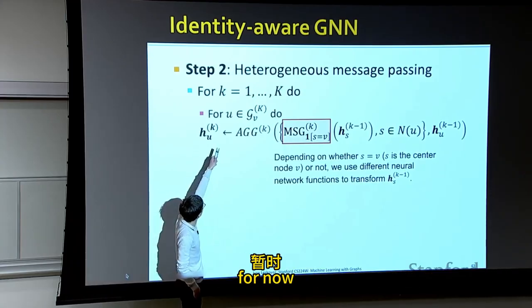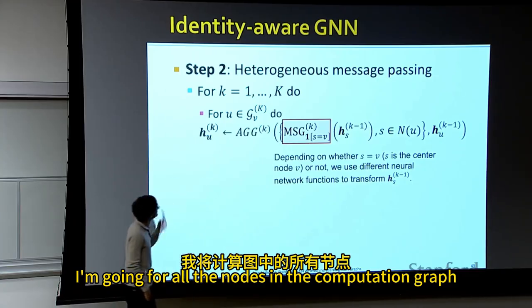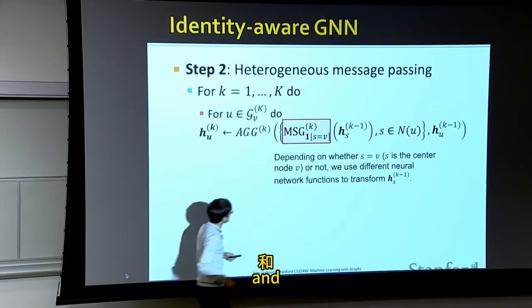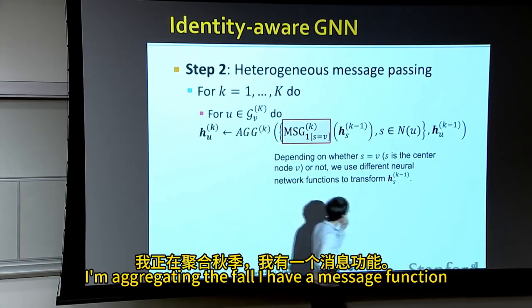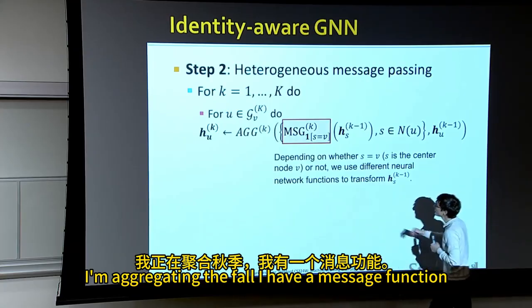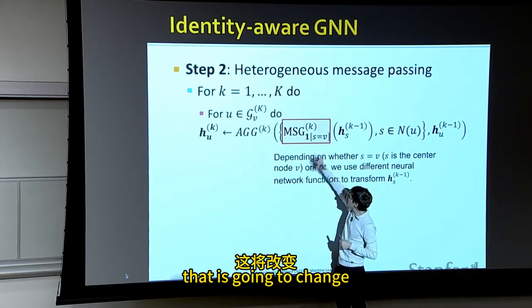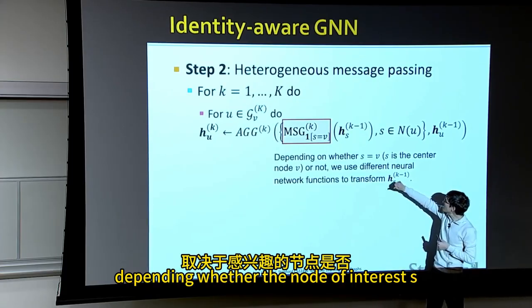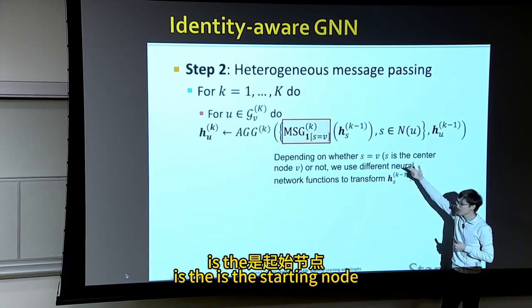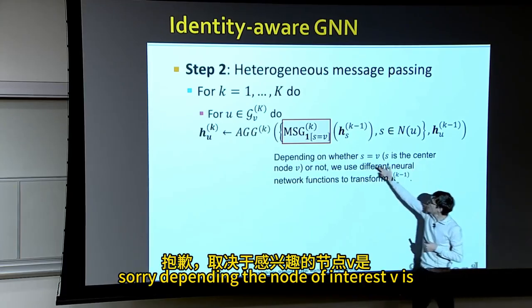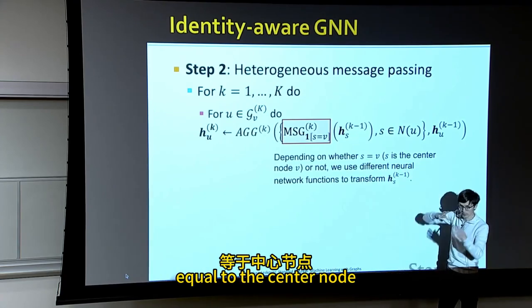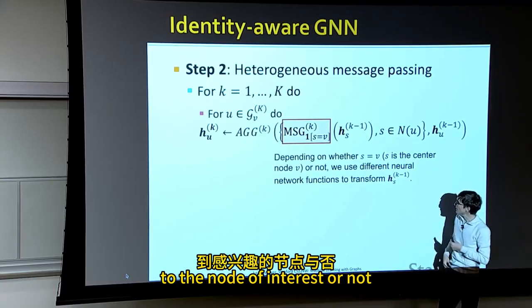For all the nodes in the computation graph, I'm aggregating, and I have a message function that changes depending on whether the node of interest V is equal to the center node, the starting node, or not.